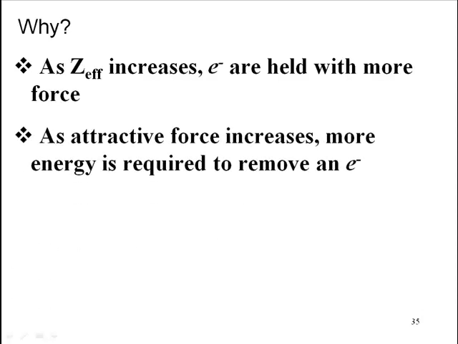As the attractive force increases, more energy is required to remove an electron. It's all Coulomb's law, the force of attraction between the positive nucleus and the electrons. Again, the distance makes a difference, but it's the Zeff that shows the force difference, and it's the force difference that allows the electrons to be removed more easily as atoms get larger.